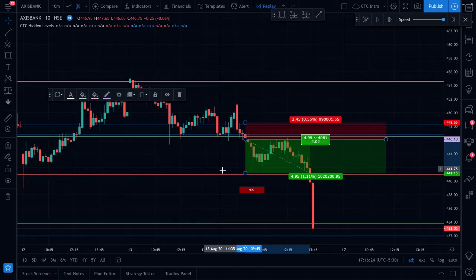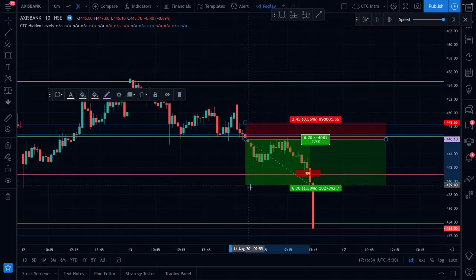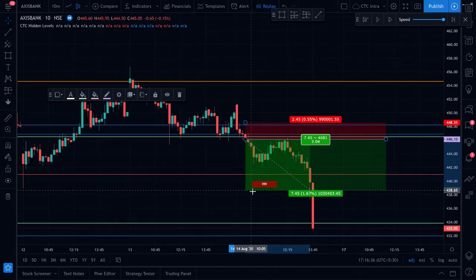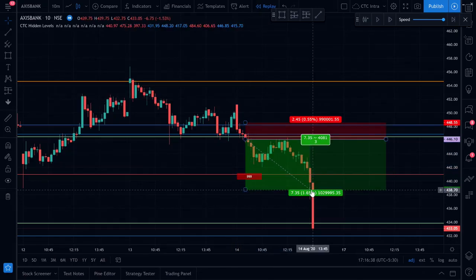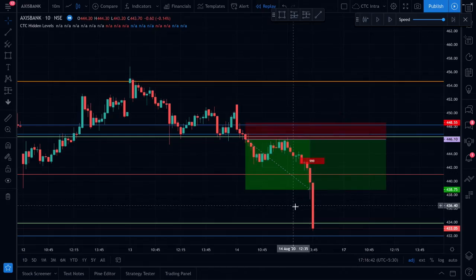Once again, 2.45 is my stop loss point, multiplied by 3, so that is 3R, that is 7.35 points. So when the price hits 7.35, price hits 438.7, once again I will trail my stop loss to 2R now, right?